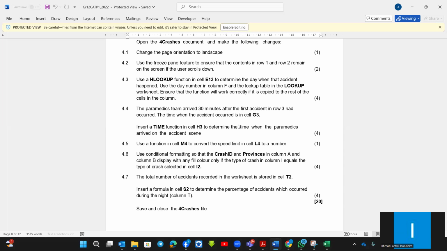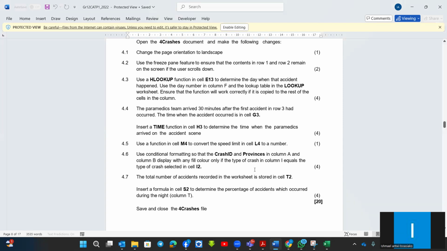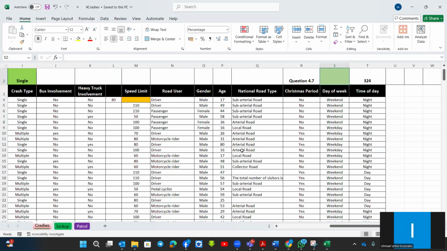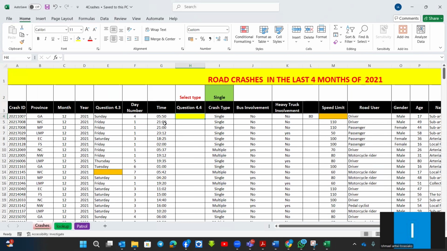Now, this question involves time calculations. So we were done with the date calculations, and now we are going to time calculations for 4 marks. We must insert it in H3, that's column H. Here they are saying that this is the time that was given.